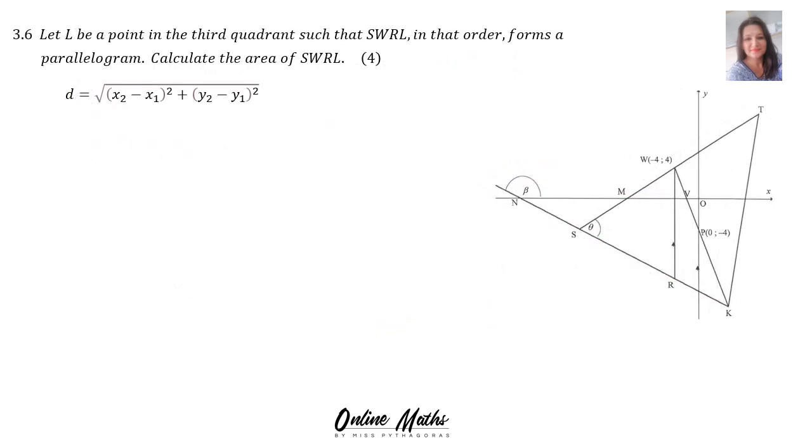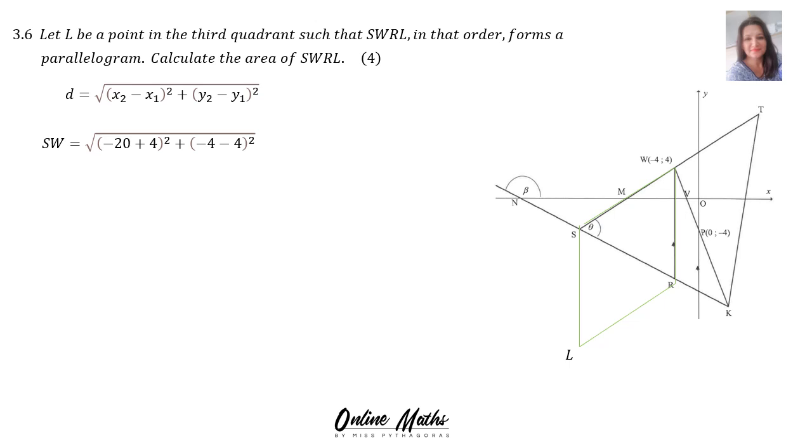6. Let L be a point in the third quadrant such that S, W, R, L, in that order, forms a parallelogram. Calculate the area of S, W, R, L. So what we're going to do is we're going to work out the area of triangle SWR.